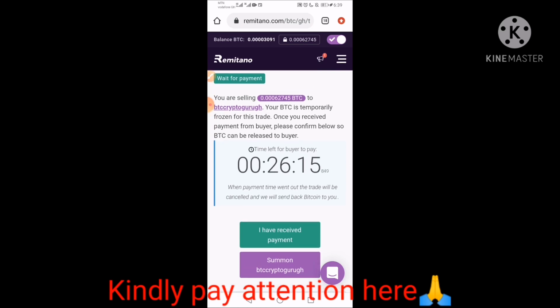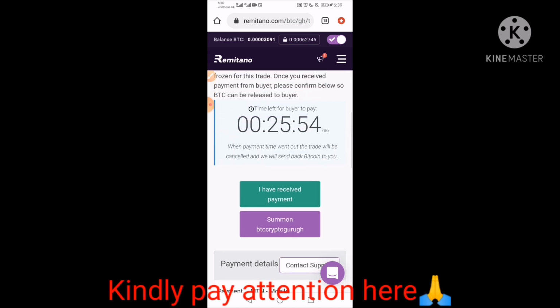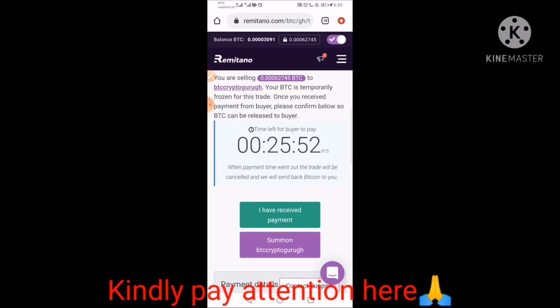Okay, I think this one pops up when after some time you want to summon the buyer. In summoning the buyer, it's like you want the company to alert him that we are still waiting for the payment. I'll wait till when it's about 20 minutes, or let's say even 5 minutes.